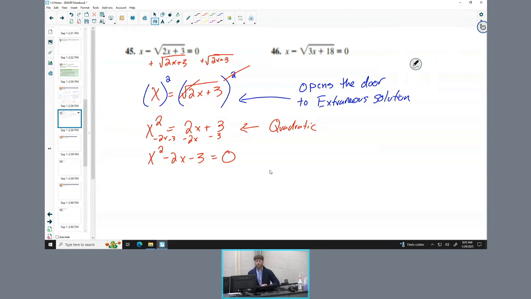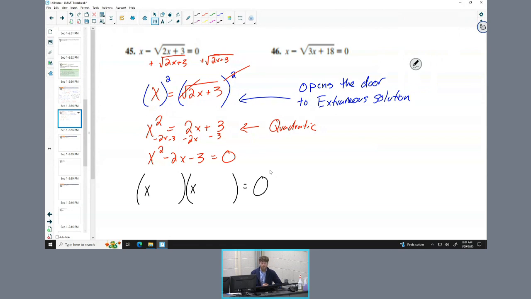And since I have 3 terms, there's different techniques for solving quadratics. If you have 3 terms, the first thing I would say is try to factor it. Not greatest common factor, but, I call it full factoring, a type of factoring for 3 terms. So I say, okay, x times x is x squared.